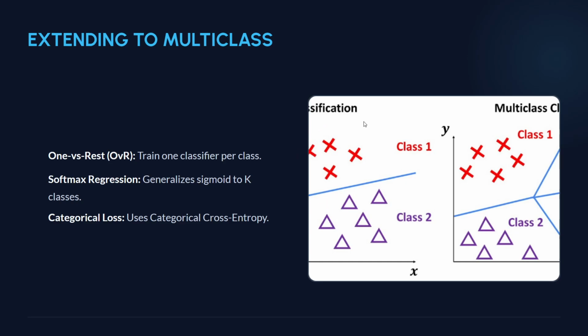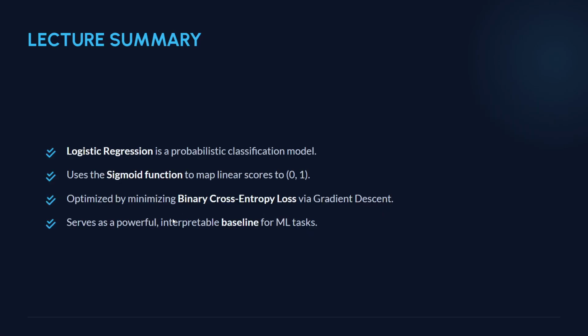This equation gives you values between 0 and 1 only, and you assign the instance to the class which has the highest probability. And here we use categorical cross-entropy loss.